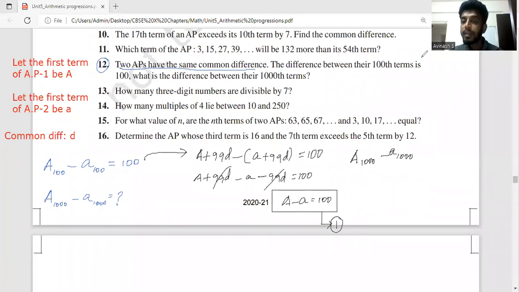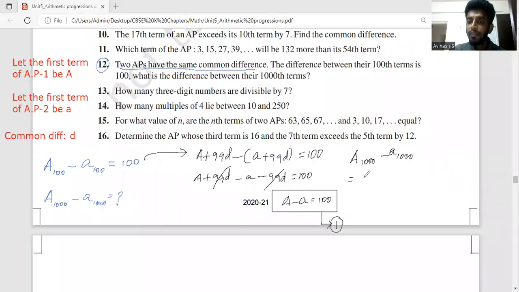And we are supposed to find the difference between their 1000th terms. So when we apply the formula, we get capital A plus 999d minus, for this we'll be getting, small a plus 999d. You need to read the question first in order to understand all of this. So capital A1000 will be A plus 999d and small a1000 will be small a plus 999d.